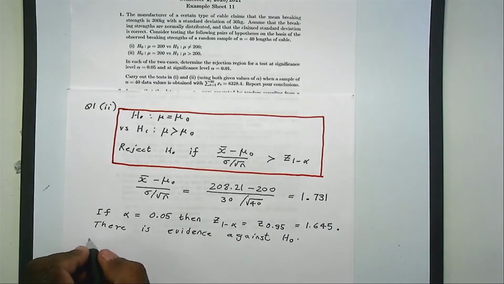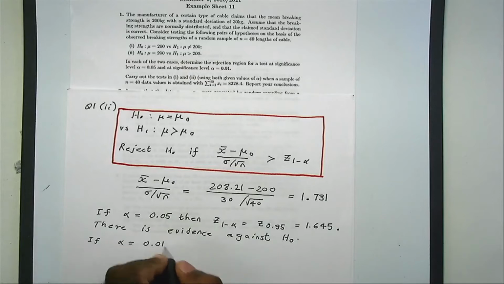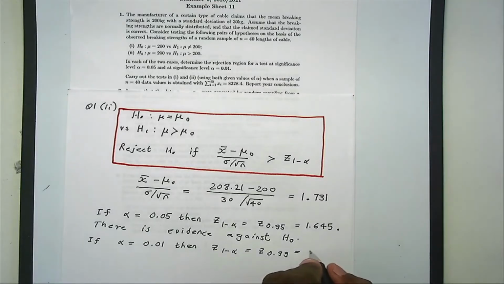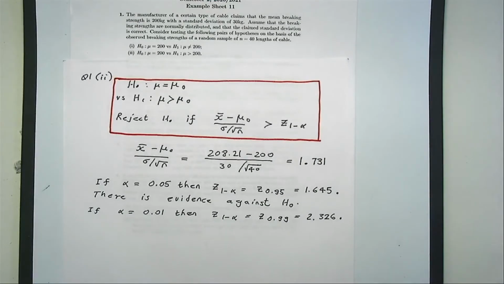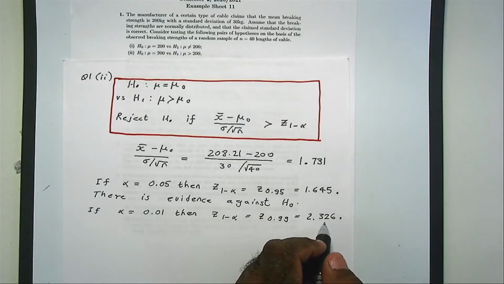Now if alpha is 0.01, then this is equal to 2.326. So here 1.731 is not greater than 2.326.